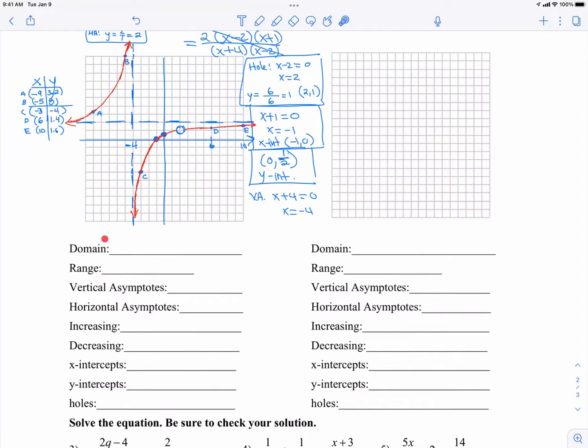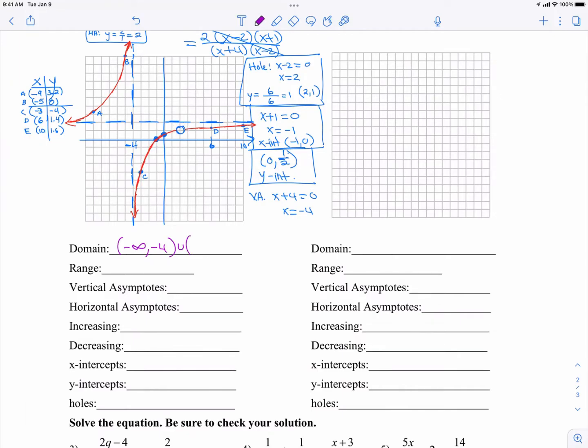So let's figure out our domain. Domain is going to go from negative infinity all the way until it gets to this vertical asymptote of negative 4. So negative infinity to negative 4. And then it continues from -4 until it hits the hole, so that hole creates another break along the x-axis.